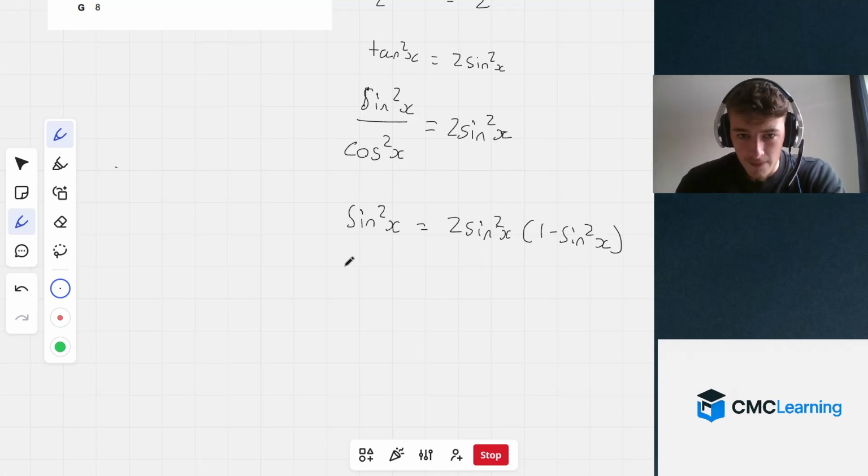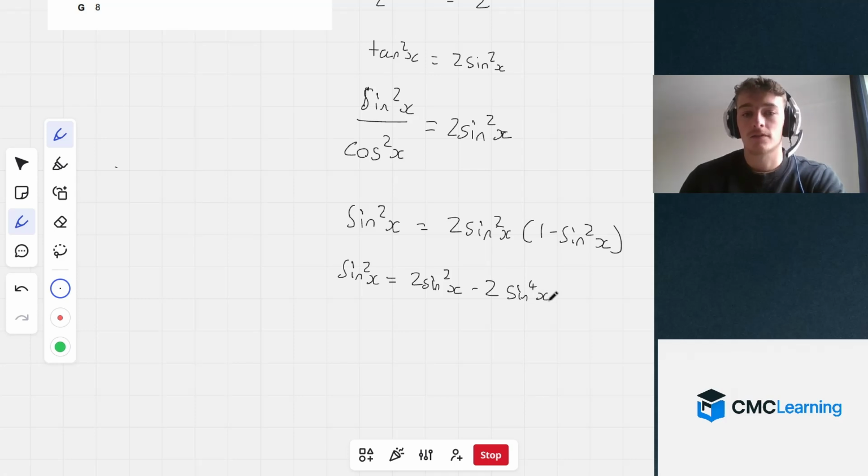Okay, we can expand this now. So I get sine squared x equals 2 sine squared x minus 2 sine to the 4 x. Let's simplify this a little bit. We get 2 sine to the 4x minus sine squared x equals 0.